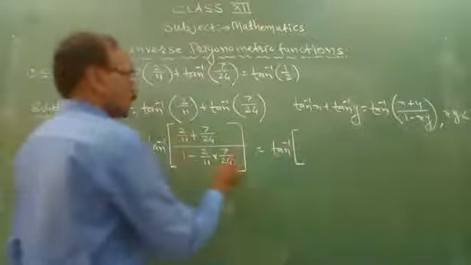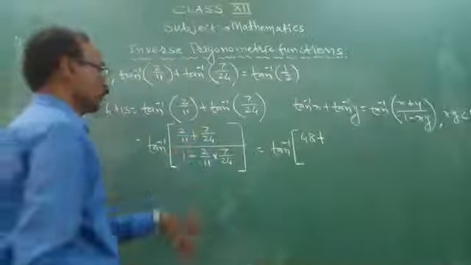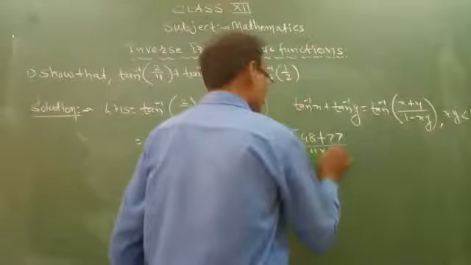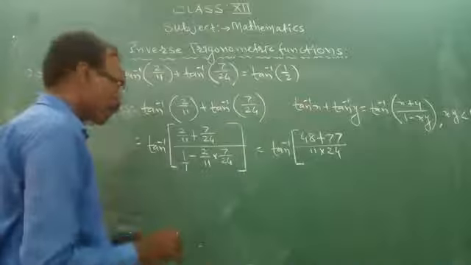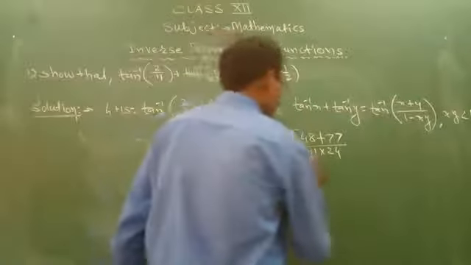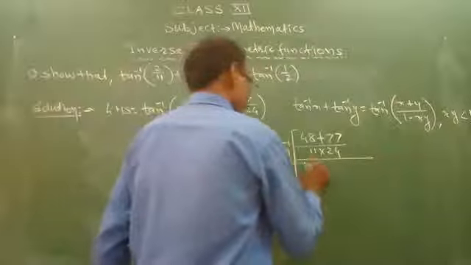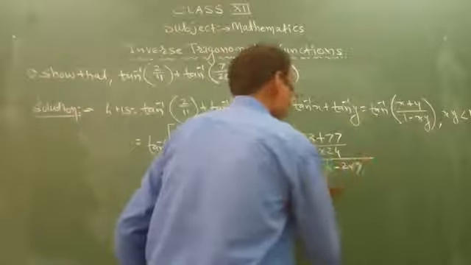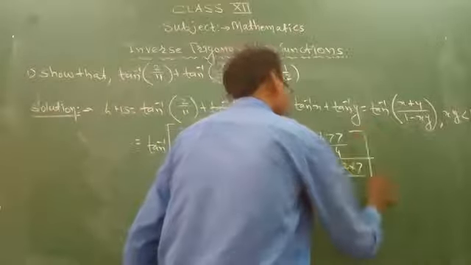Okay, so that will be equal to tan inverse. So take the product, that is 48 plus 11 into 7, 77, upon 11 into 24. Then here it is one denominator. So simplify this, 11 into 24 whole divided by 11 into 24, then minus 2 into 7 upon 11 into 24.